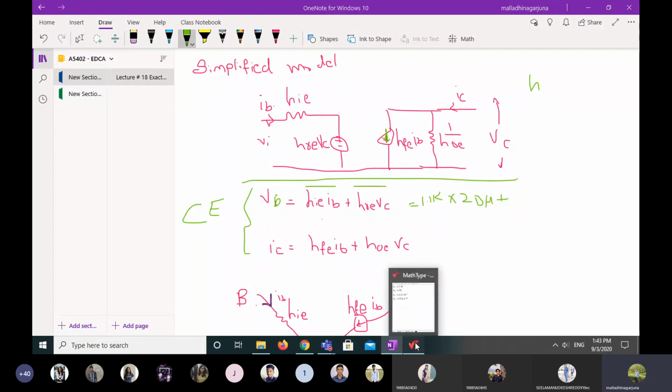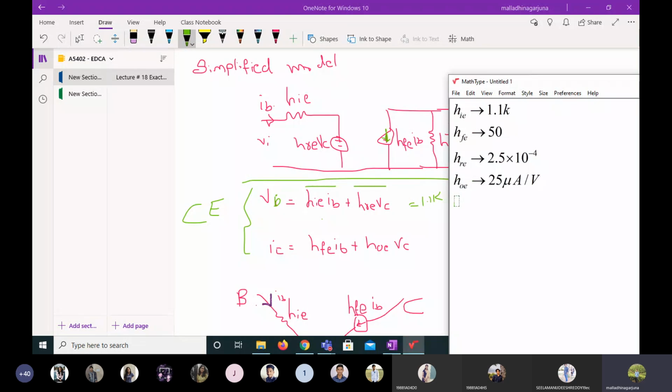Here, VB equal to HIE 1.1 K into 20 microamps, plus HRE 2.5 into 10 power minus 4 into VC, where VC is the output voltage. Output voltage we can expect in terms of volts, so let us take 1 volt.